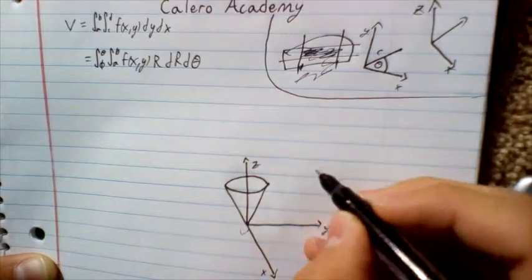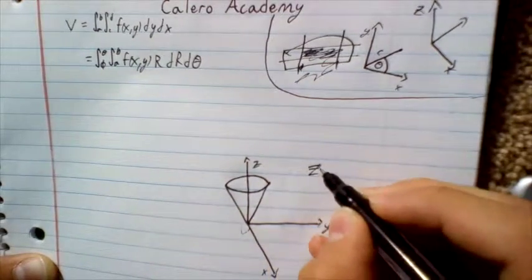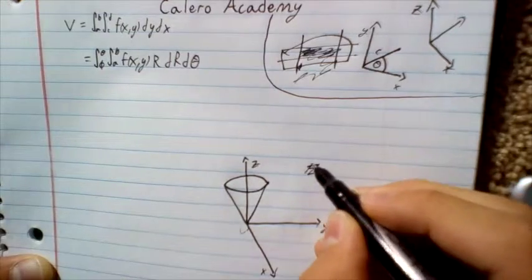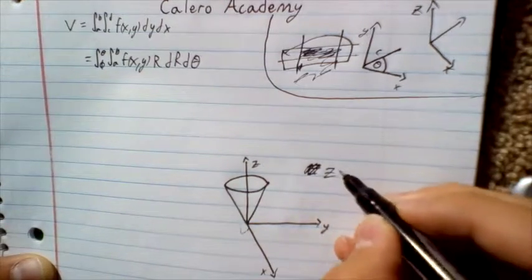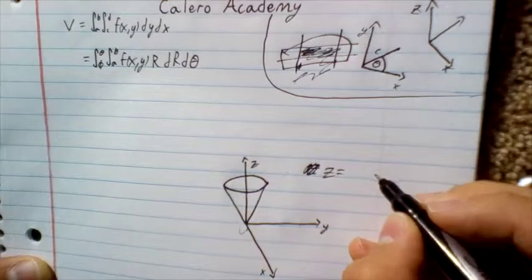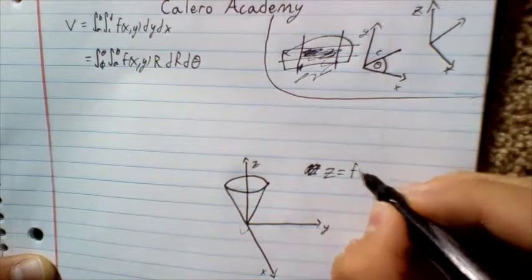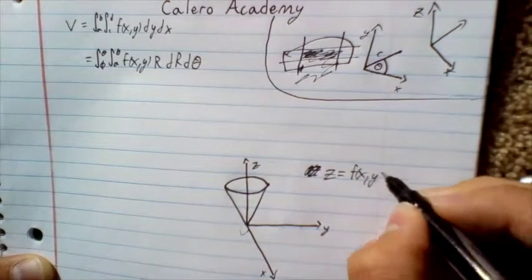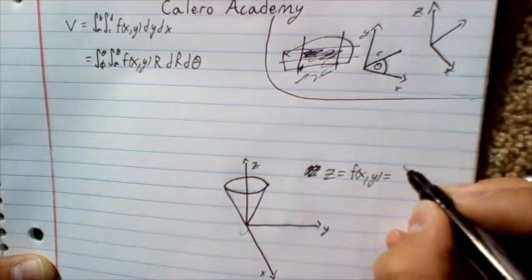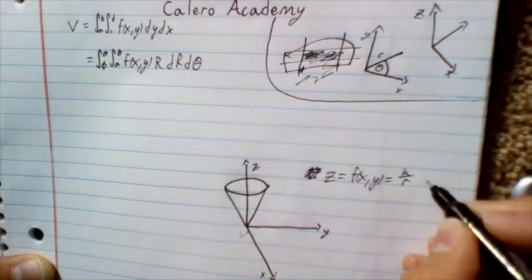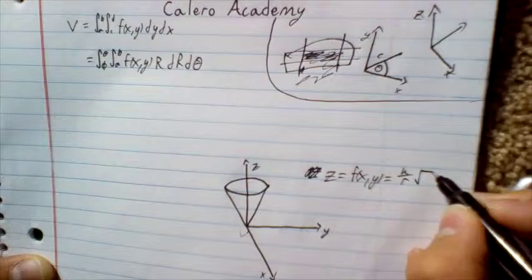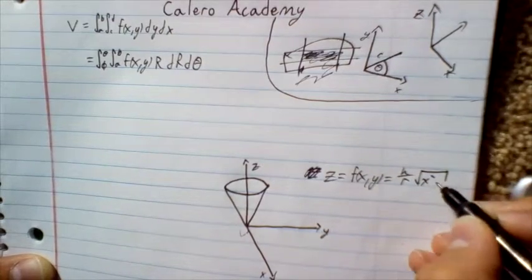So it turns out that the function for a cone, z is equal to f of x and y, which is equal to h on r times the root of x squared plus y squared.